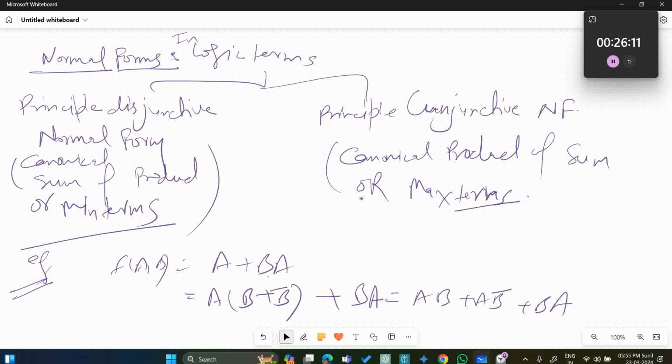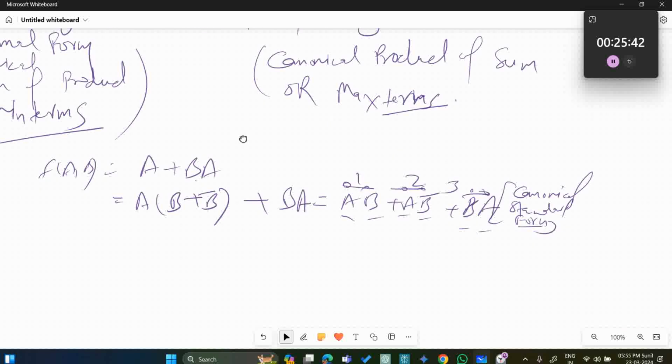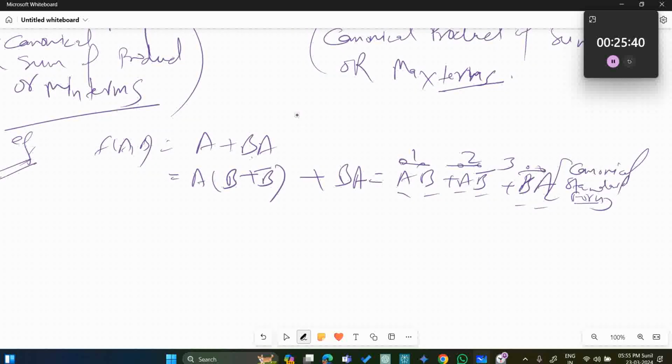So this is canonical standard form, in which all variables are present in all terms. In terms 1, 2, and 3, both variables a and b are present. This is standard form, right?